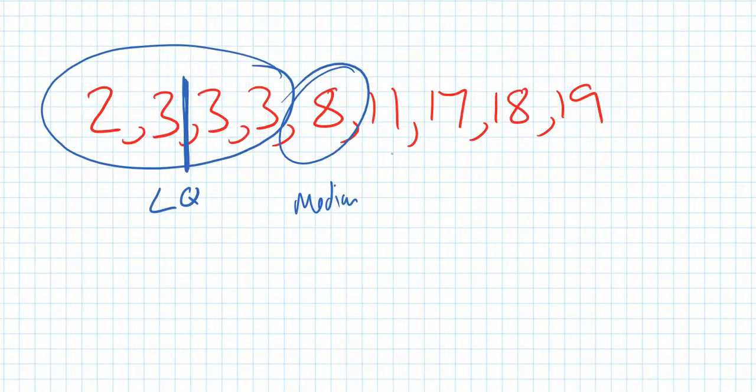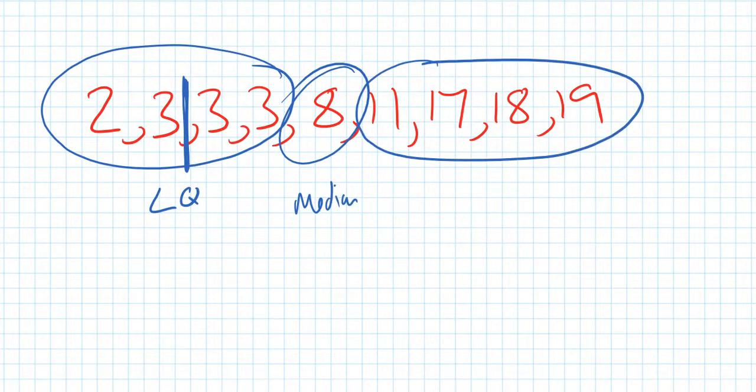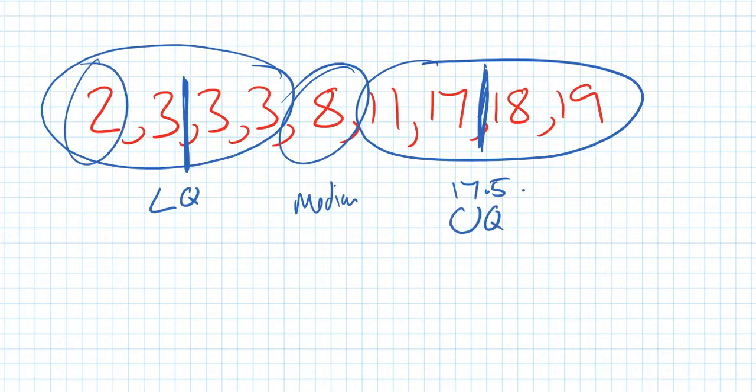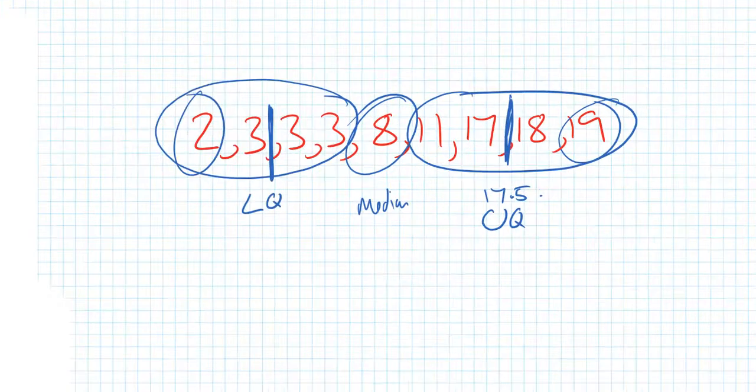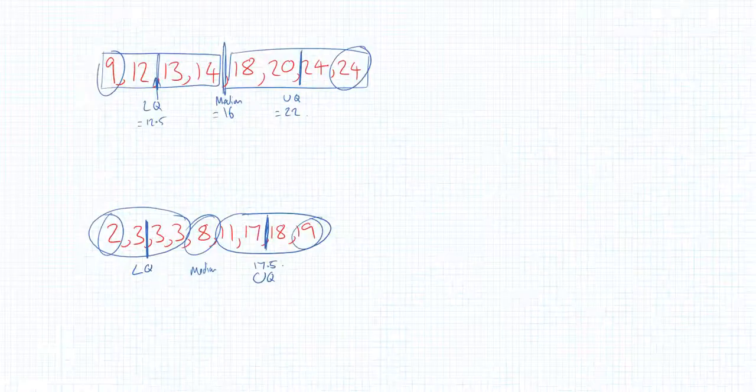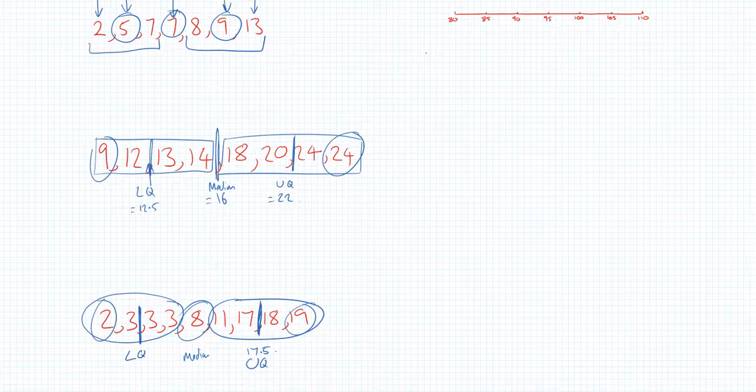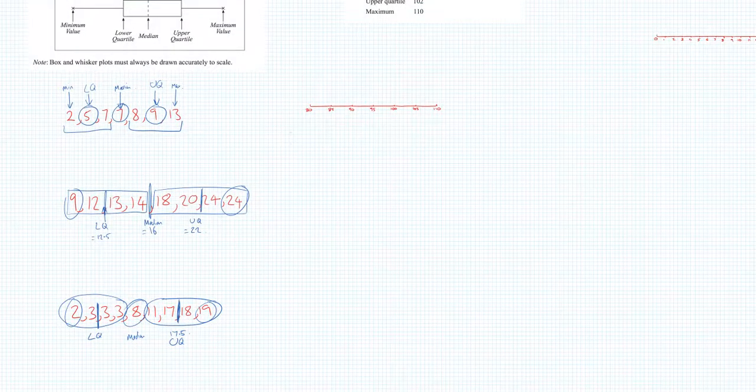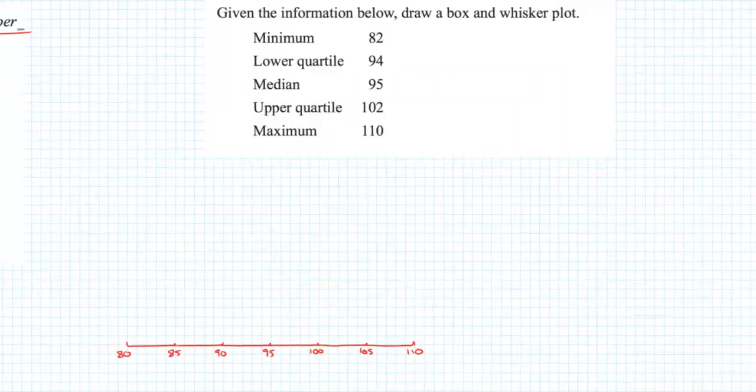And then on the far side, to get the upper quartile, it'll be halfway between 17 and 18. That's going to be 17.5 for my upper quartile. Minimum value 2, maximum value 19. So hopefully we can just define that now. There are different ways of doing that, but we'll say that's our way of finding that lower quartile and upper quartile. Right, let's jump into some questions.